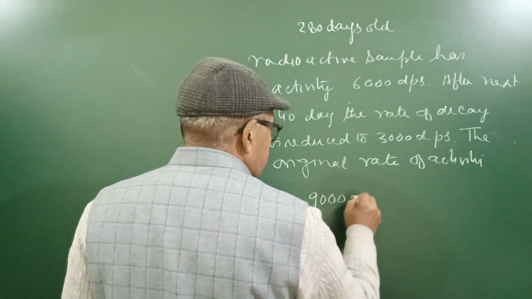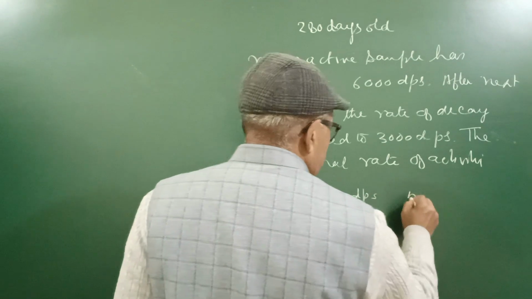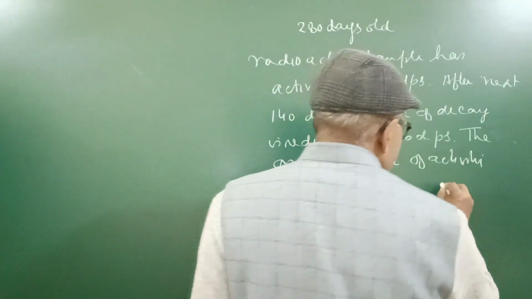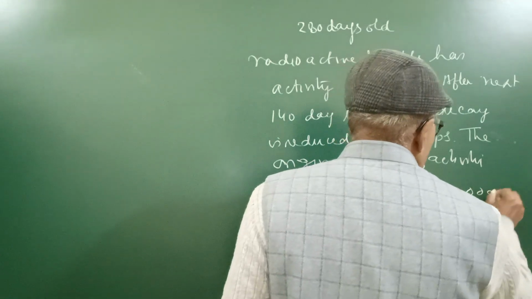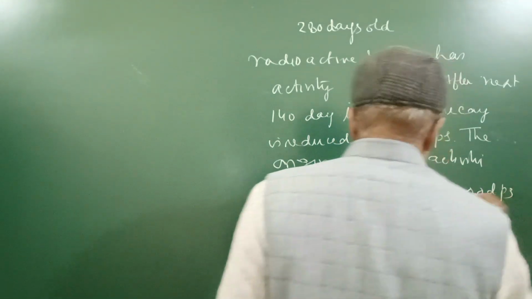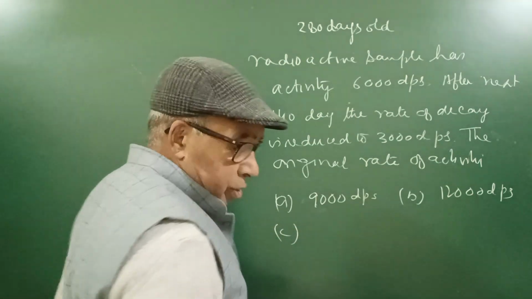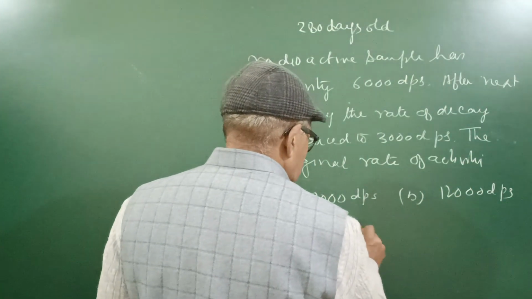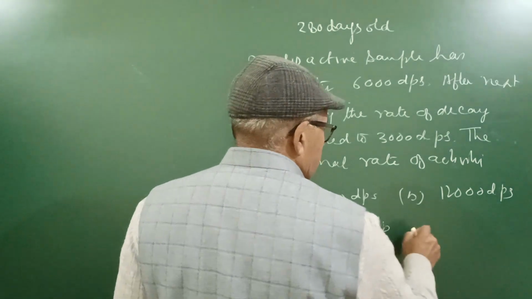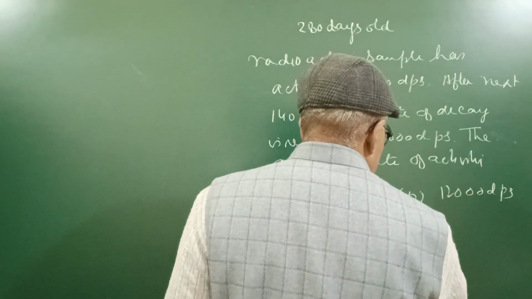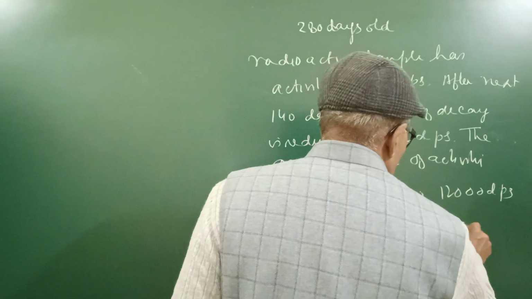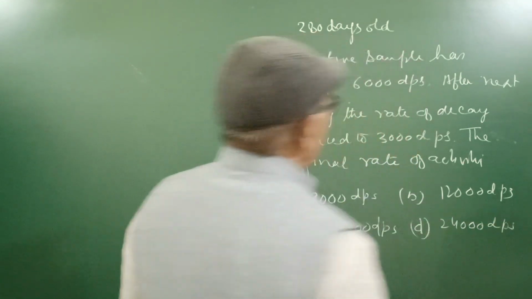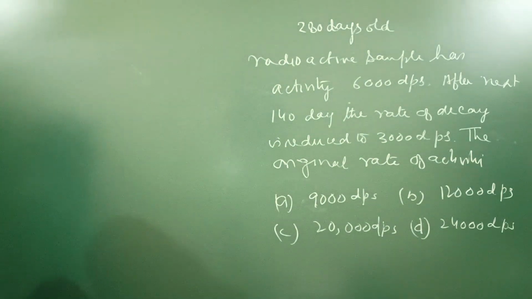B is 12,000 decay per second. C is 20,000 decay per second, and D is 24,000 decay per second. So what is the correct answer to this?